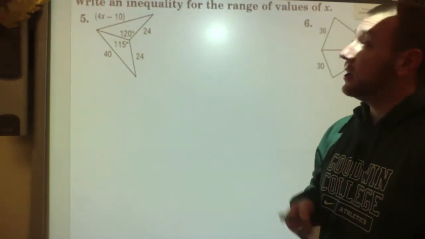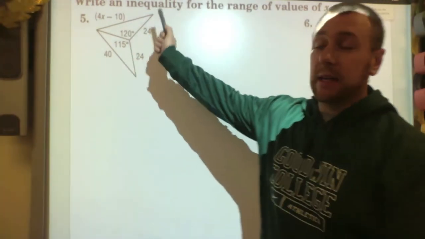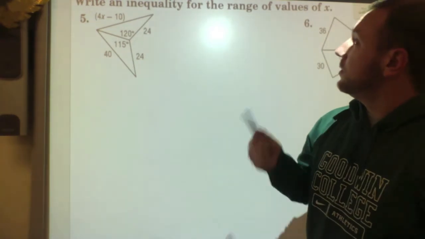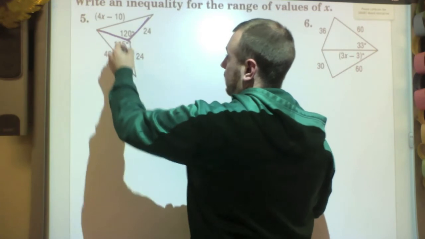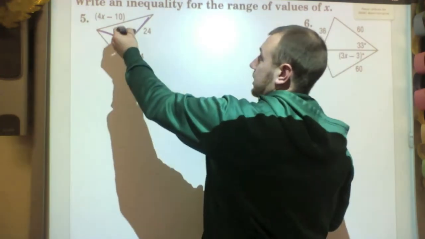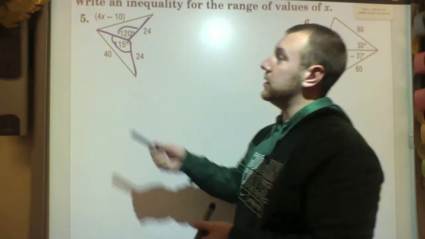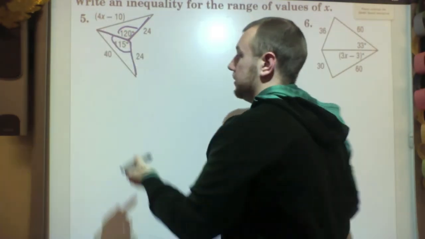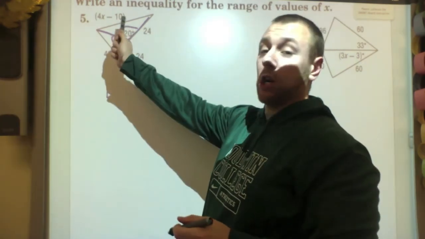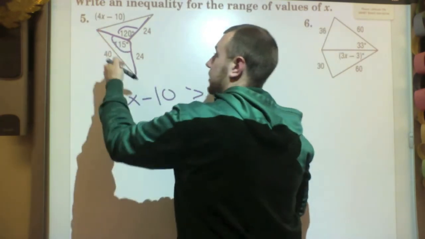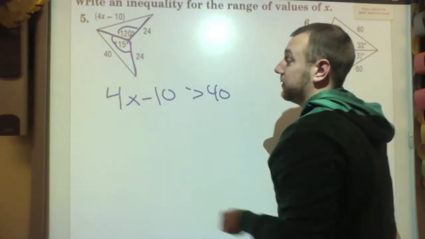There's an application where we can also set up equations. Something like this. What you'll notice is these are all the same. The only difference is this 120 and this 115. So I know this 4x minus 10 has to be bigger than this 40 based on the two angles, 120 and 115.